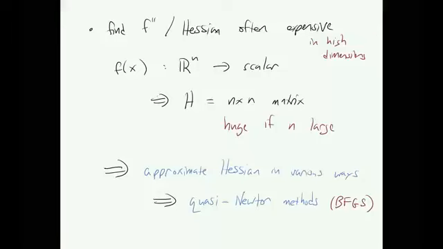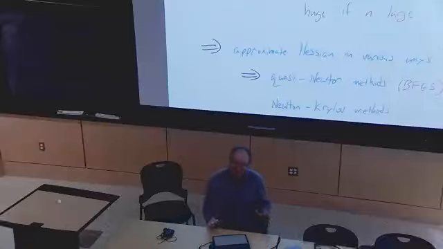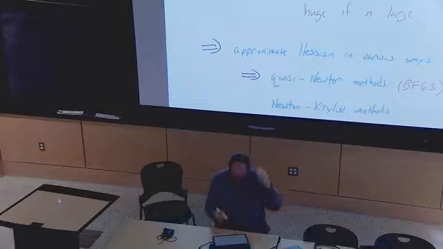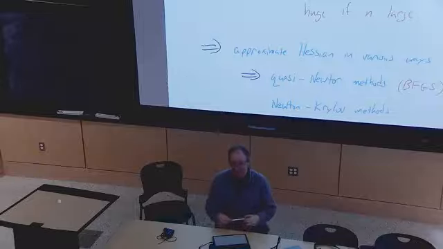There's also a closely related method called Newton-Krylov methods, and so forth. I don't have time to explain all these things, but these are some keywords if you ever need to do this. So, Hessians are useful.